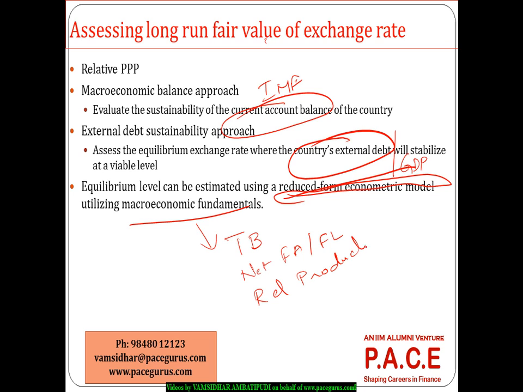All these things are considered to come out with an equilibrium level, which is looked at using various mechanisms and models to assess the long run fair value of the exchange rate.